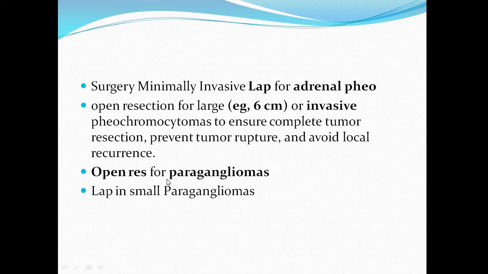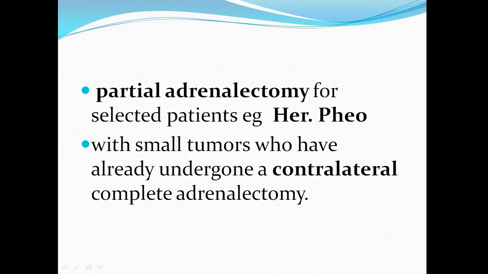But in some centers they use laparoscopic surgery in small paragangliomas. Finally, partial adrenalectomy is for selected patients with hereditary pheo, and also in people who have undergone a contralateral complete adrenalectomy. You just want to spare a part of the adrenals so the patient does not go into adrenal failure. So in those cases you spare some part of the adrenal, so partial adrenalectomy.